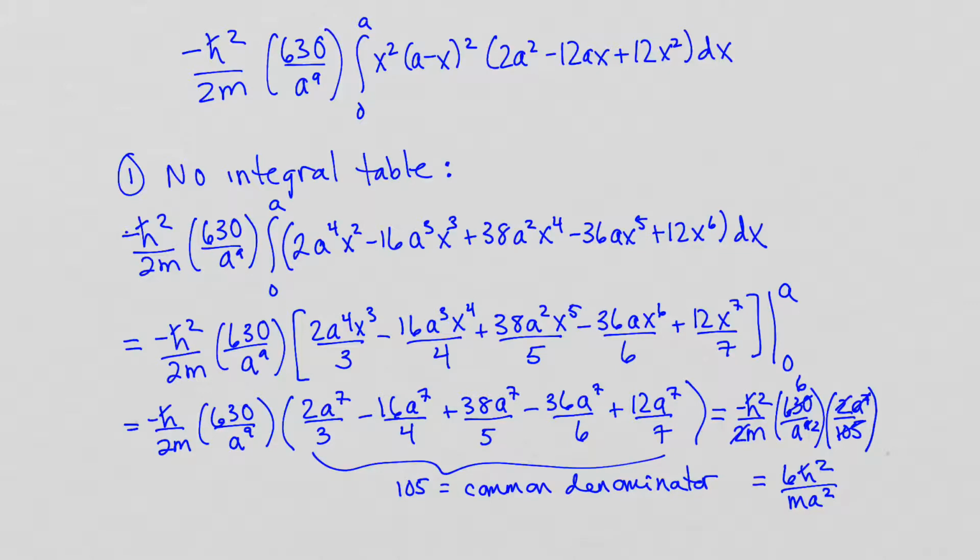Okay, oops, and there's a negative. That was a negative in there. That's where our negatives cancel. So all comes out well with our world. Okay, so that was the end result that we were looking for. So 6 h bar squared over m a squared.